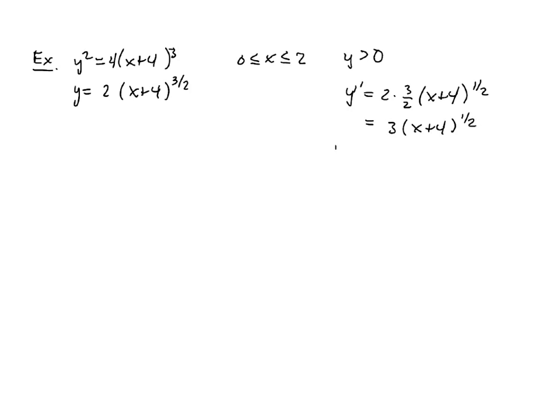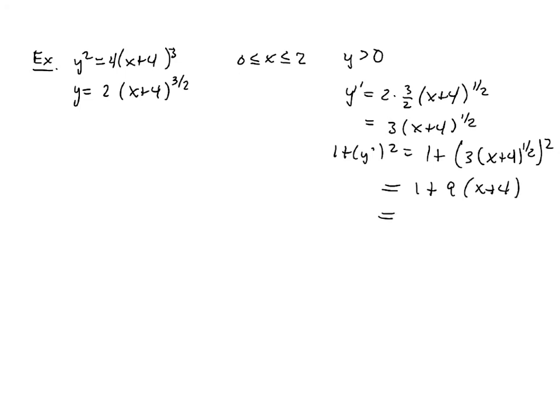So 1 plus y prime squared will be 1 plus this quantity squared, which is the same thing as 1 plus 9 times (x plus 4), which is the same thing as 9x plus 37.